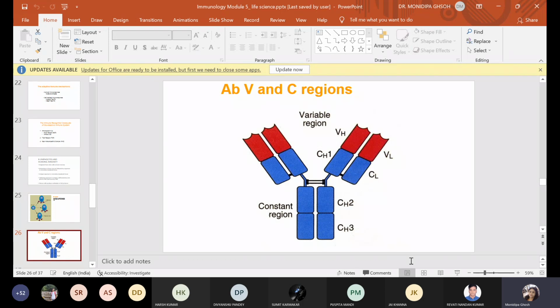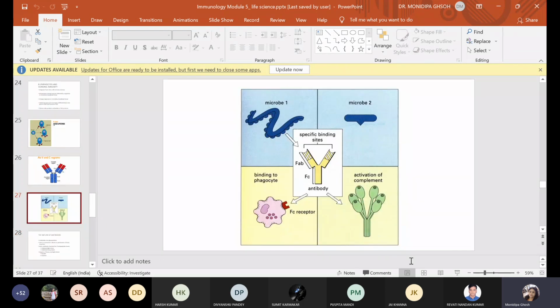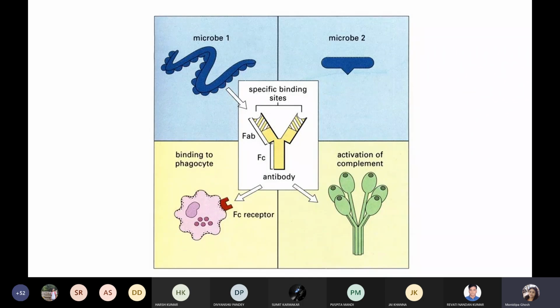Now, how does the immunoglobulin act as a ligand? The structure of the immunoglobulin looks like this. The FAB is this portion and the FC is this portion.